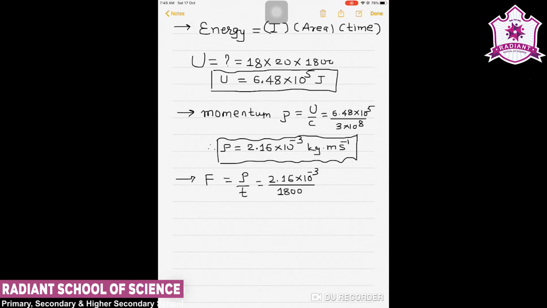So if we put it, we get force is equal to 1.2 into 10 raised to minus 6 Newton. So this is the force exerted by the light incident on the given surface, and we can calculate it with the help of the example. That is very clear and given by a straightforward equation.